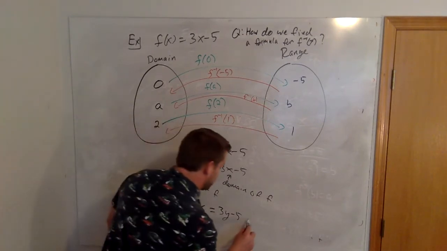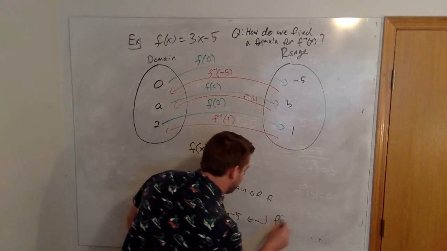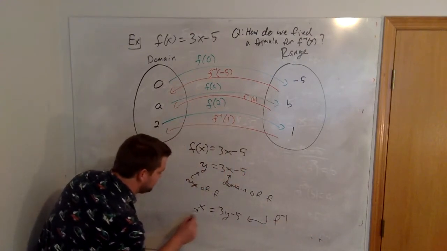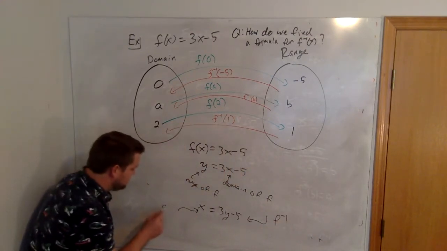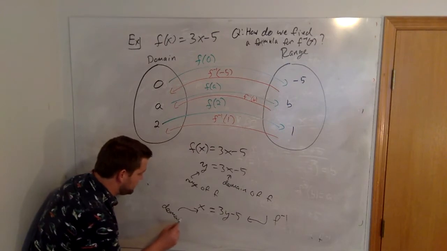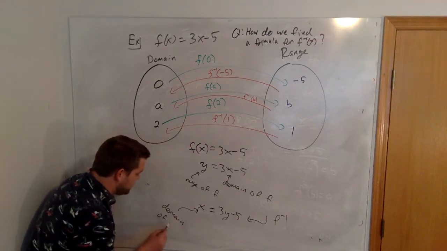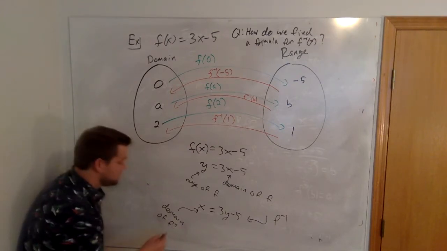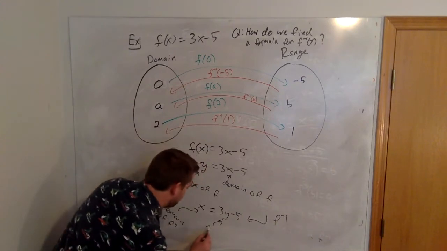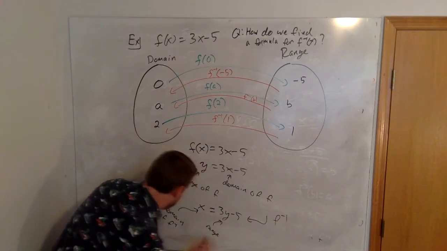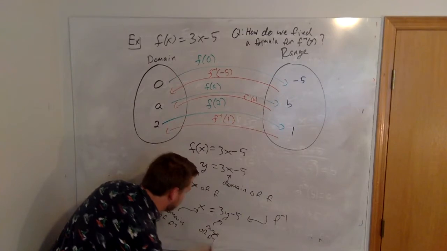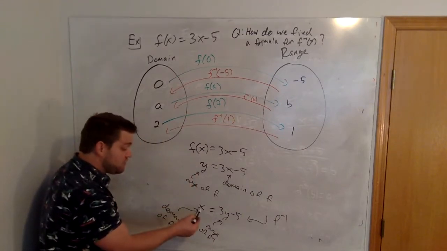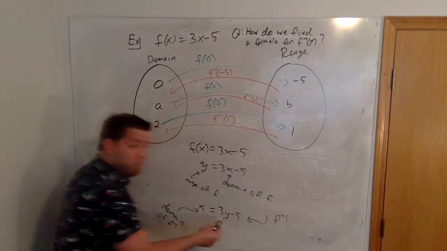This is f inverse. This is the domain of f inverse, and this would be the range of f inverse. Or you could think this would be the input into my inverse function, and this would be the output.